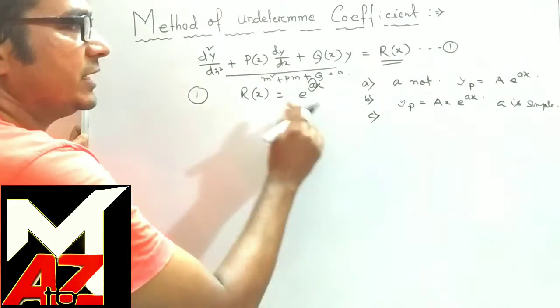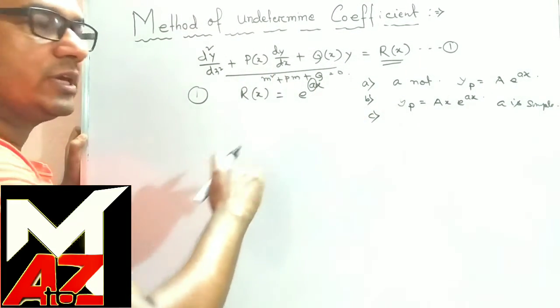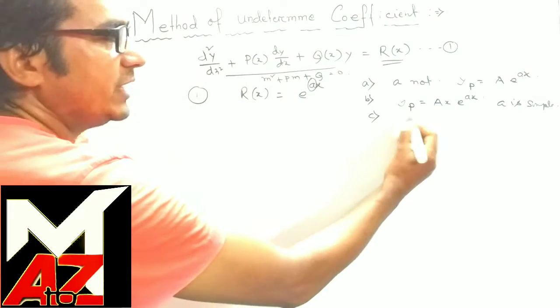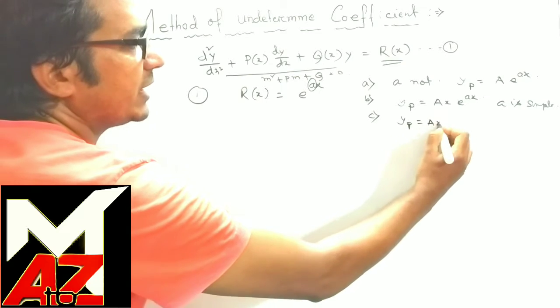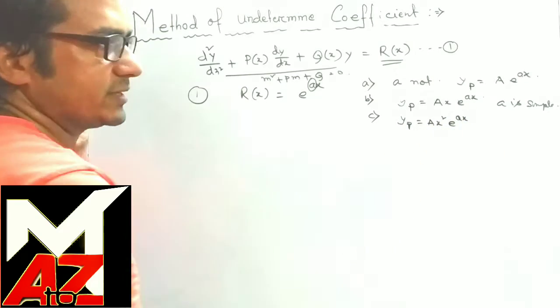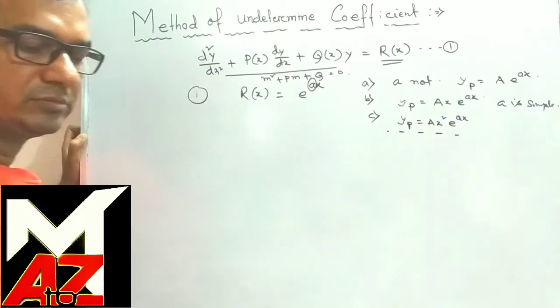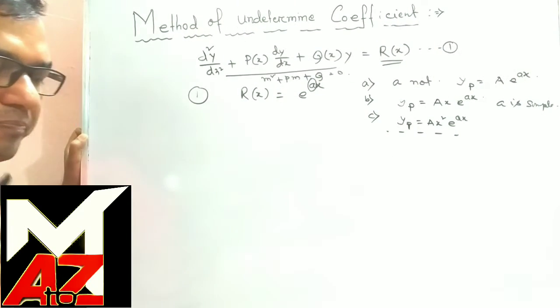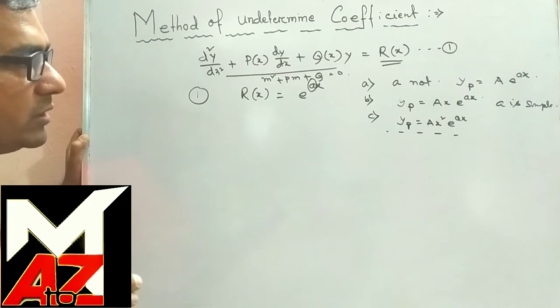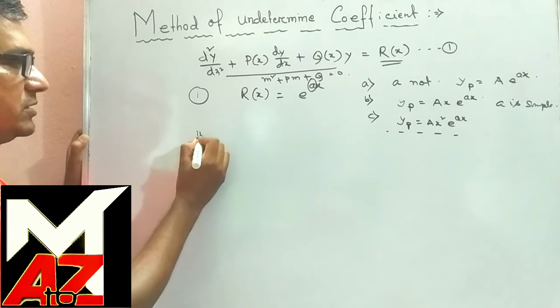Similarly, if a is a double root of the auxiliary equation, then we take yp as A x square e to the power ax, and so on, right? Now we go to the second case.